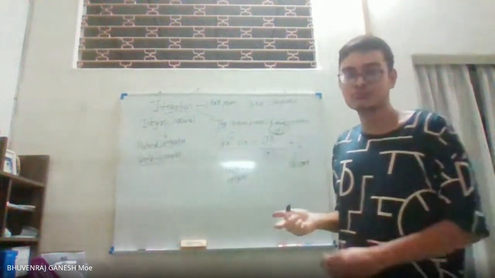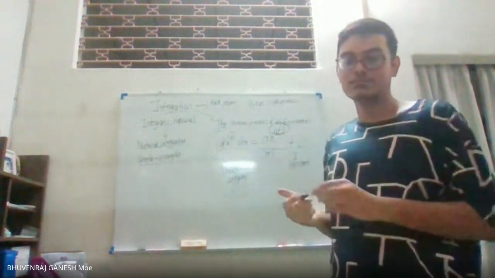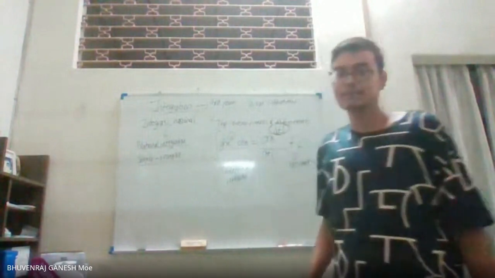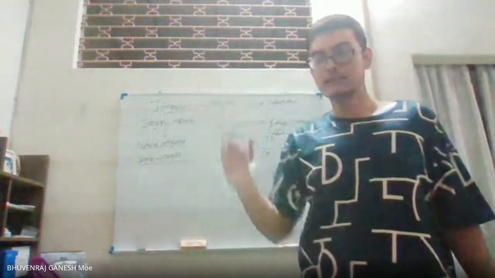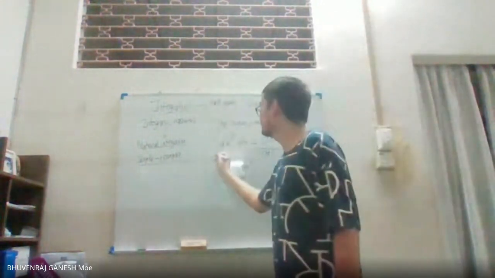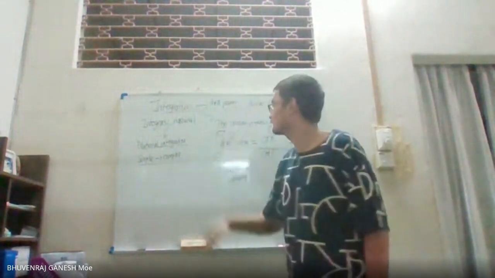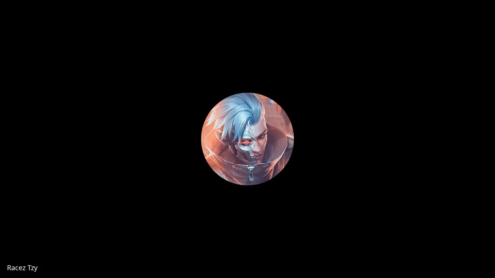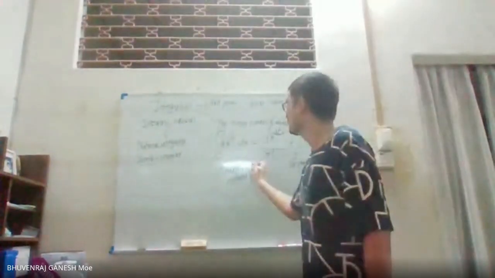Must remember that one. Why do I say indefinite? Because you see the integration sign, do you see any numbers at the bottom and top here? No. That's why I call it indefinite.